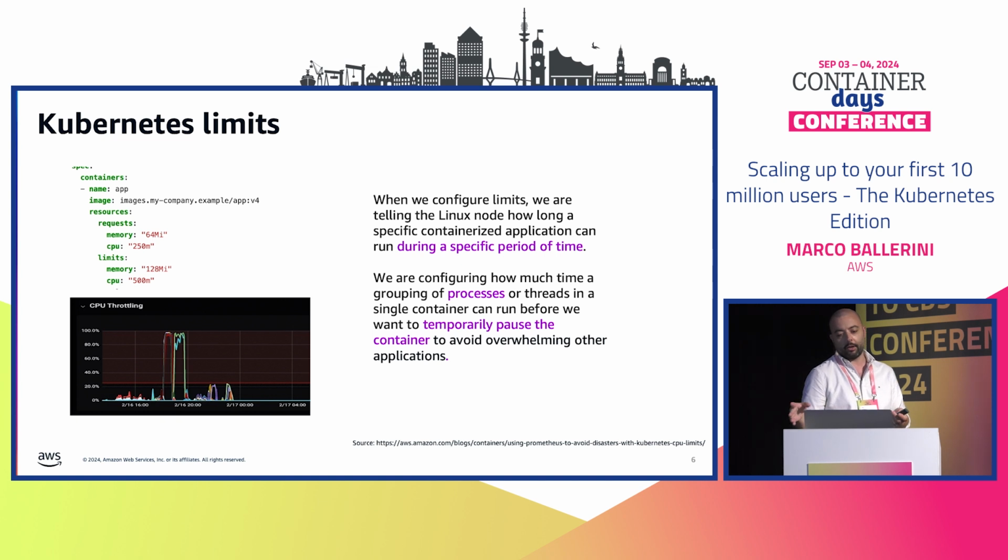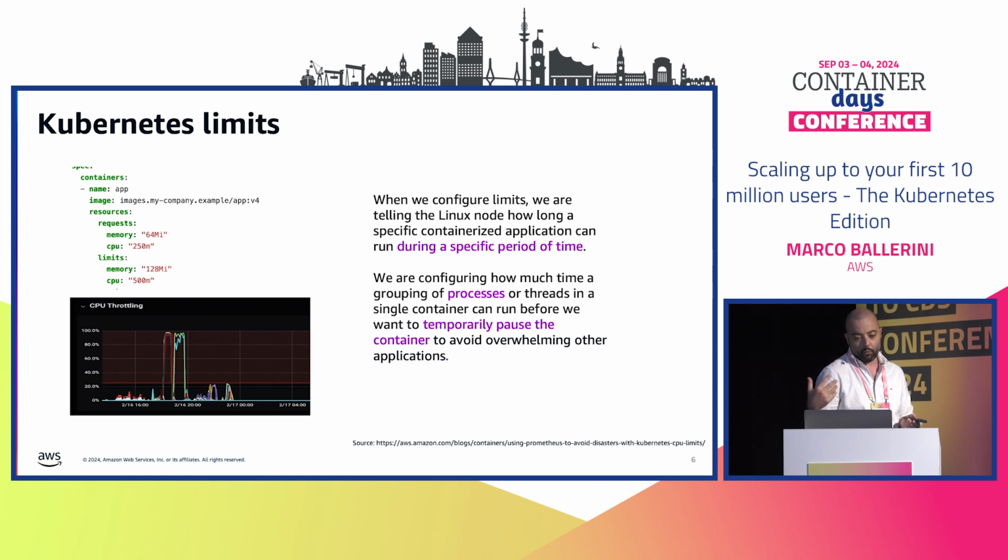Now, I'm not explaining what Kubernetes limits are because everyone in the audience probably knows already, but I want to give you a little insight of what a limit really does on a kernel level. Linked on the slide there is a very good blog post that explains this in detail. Unfortunately, I have 30 minutes, so I will try to do my best to summarize it.